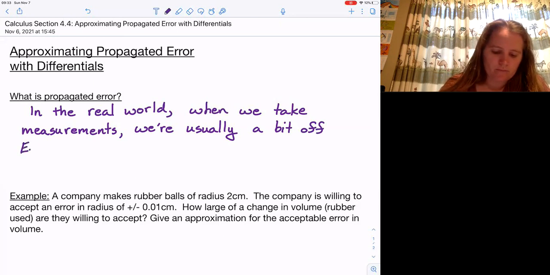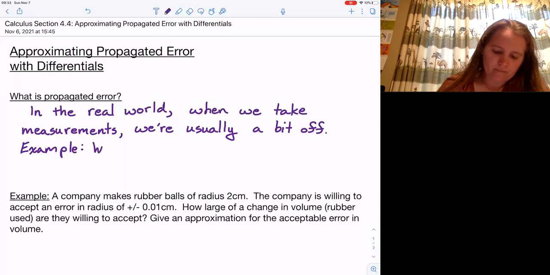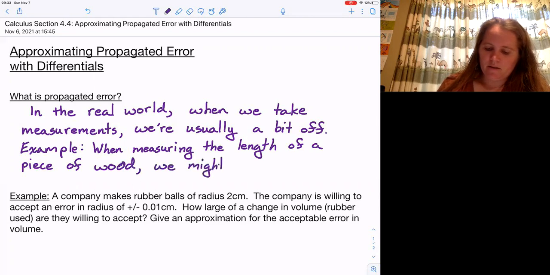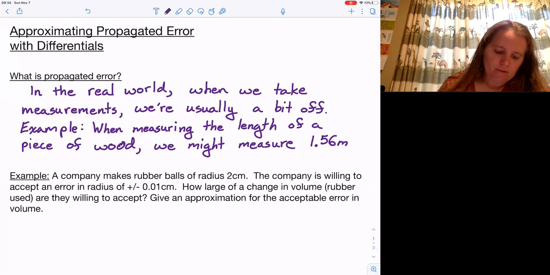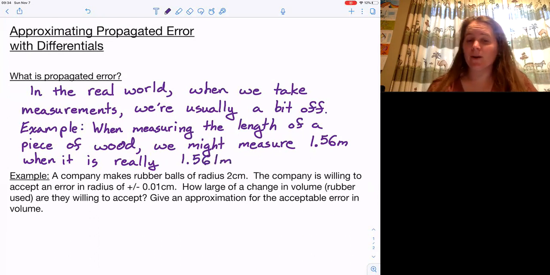So for example, if we're measuring the length of a piece of wood, we might measure, I don't know, 1.56 meters, when in reality it is really 1.561 meters. Right? So we measure, but we're not completely 100% precise.